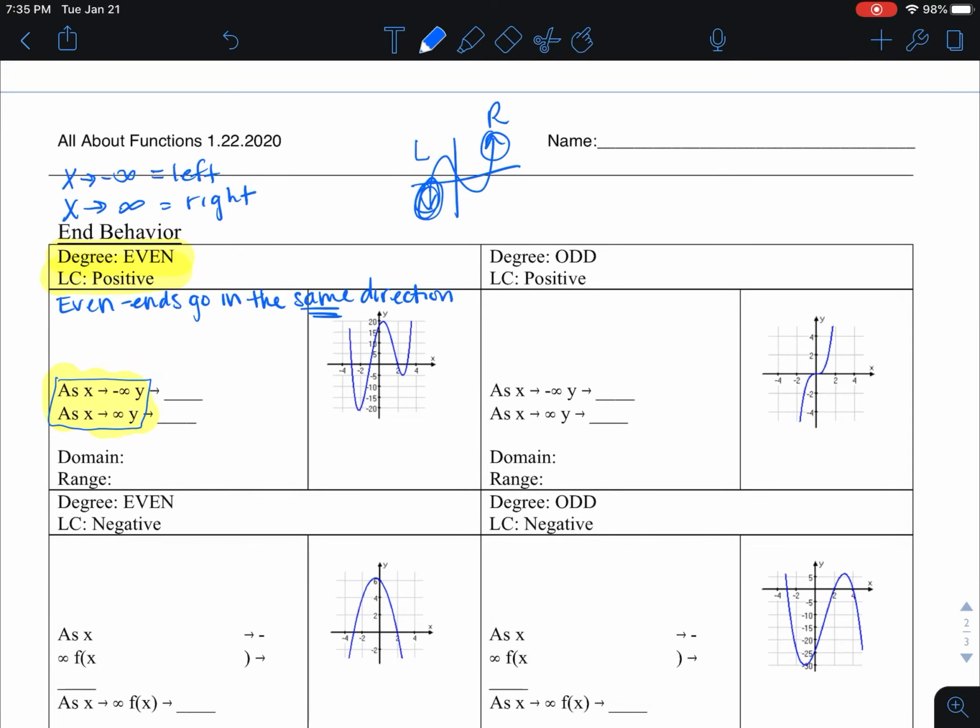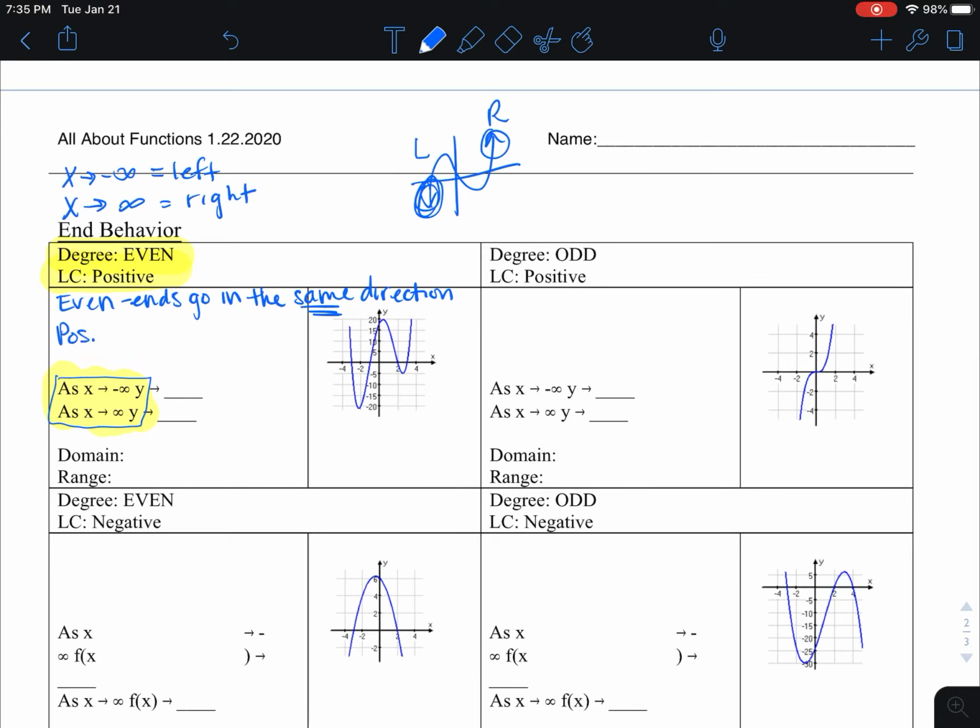That's what even means. Now positive means the right side goes up. When we're talking positive and negative, like down here in the second boxes, which are negative, all that means is it's talking about the right-hand side of the graph. Where is the graph going as you read it from left to right?